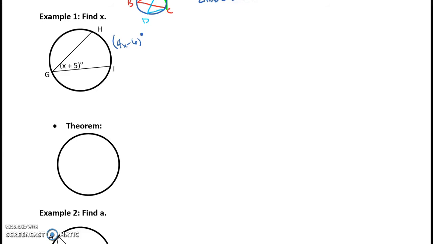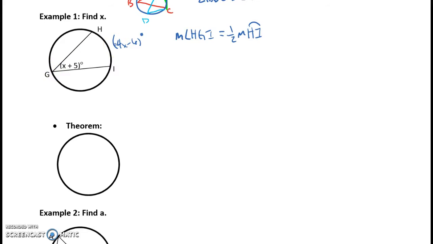Well, hopefully you remembered that the measure of your angle HGI is equal to 1/2 the measure of the arc HI, by your inscribed angle theorem, right? Again, if it was at the center, then they'd be congruent, but because we're all the way out to the circumference, it's going to be 1/2.